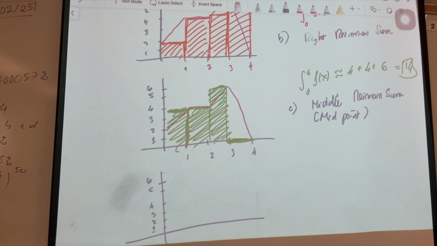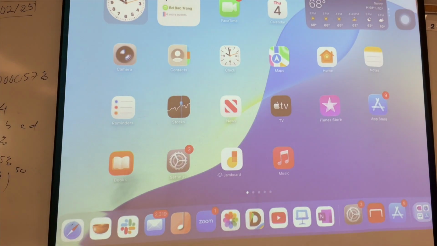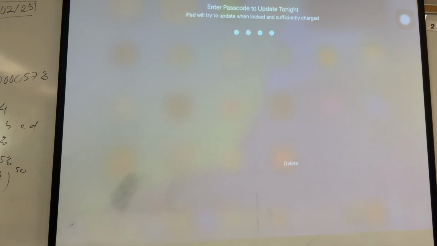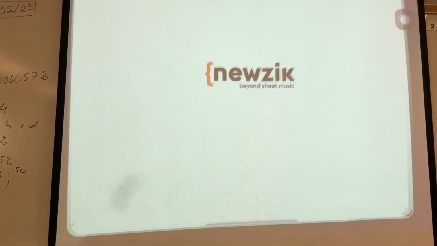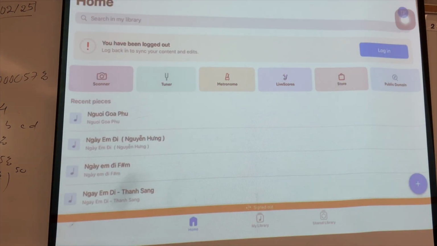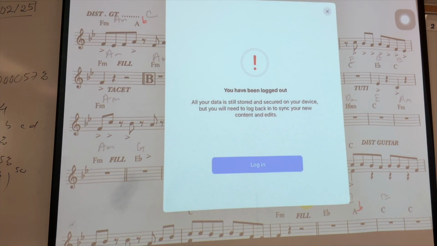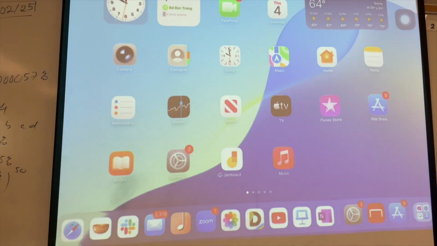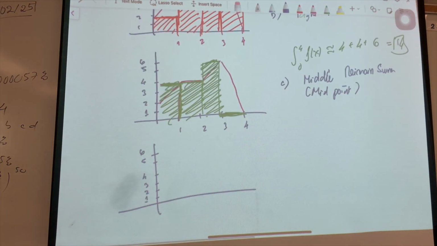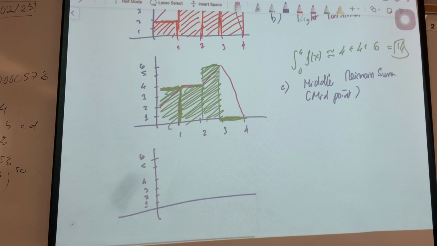Yeah, this one. And this one is where I play music. I use this one for my gig as well.